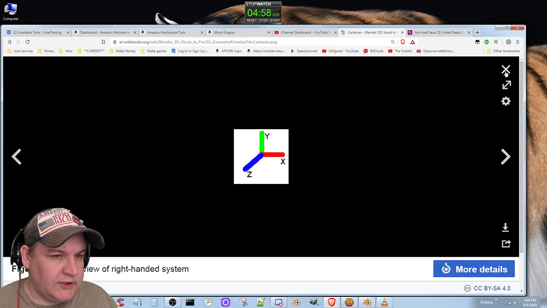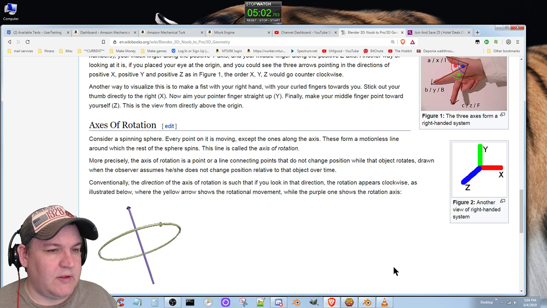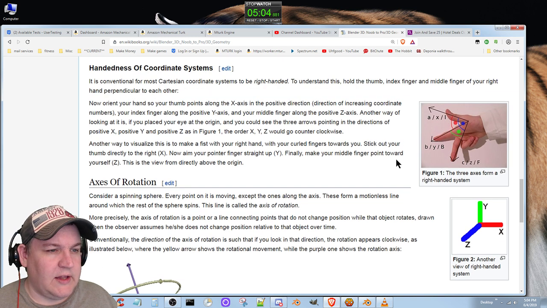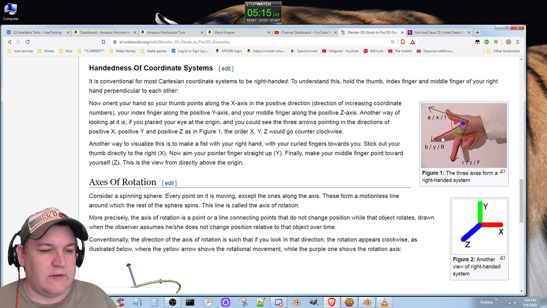So they're still saying what I'm saying as far as the coordinate systems go, at least. It kind of doesn't make it clear, because this is a finger pointing down, right? This is pointing out. And that just makes it confusing.